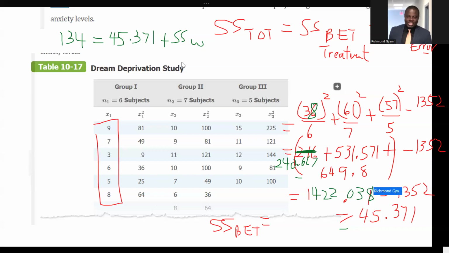So if I do the subtraction, 1,422.038 minus 1,352, that gives me 70.038. So that should be my value here. 70.038. Okay.